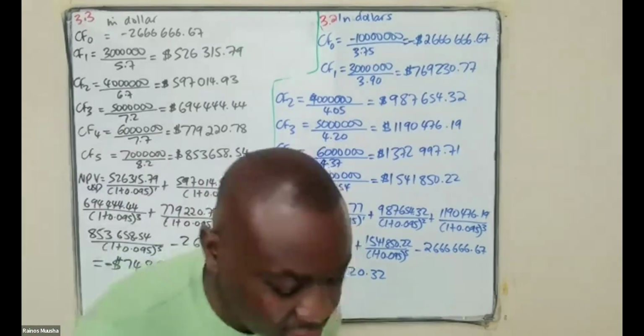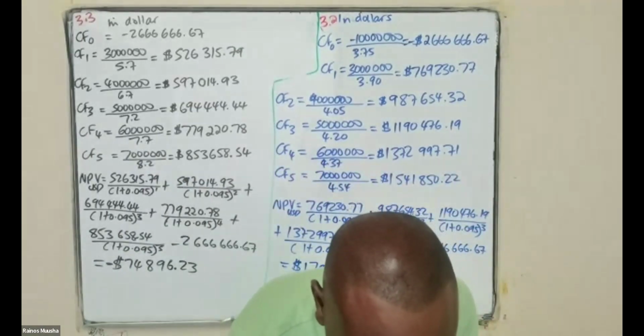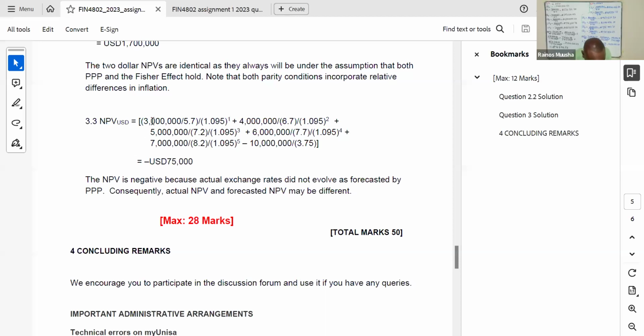So if you check the lecturer's memo for question 3.3, you will see that the lecturer says, given this information, your net present value is minus 75,000 exactly.